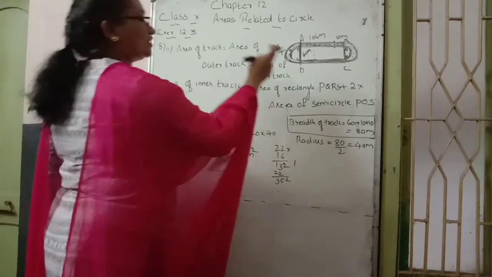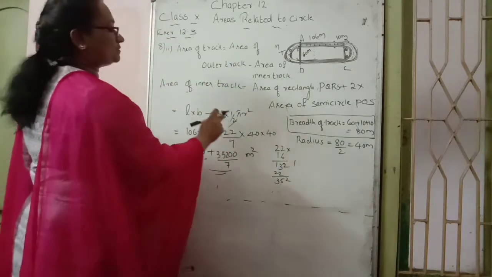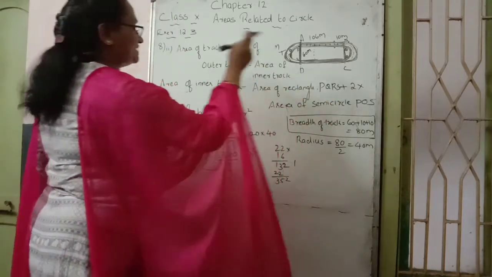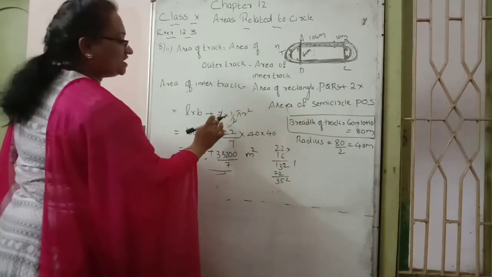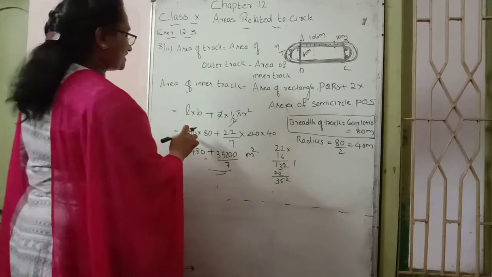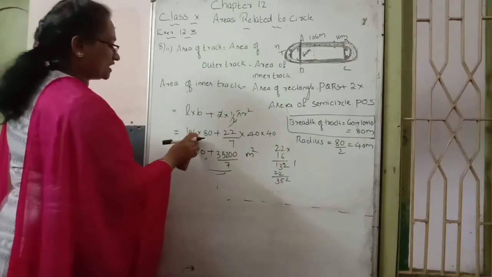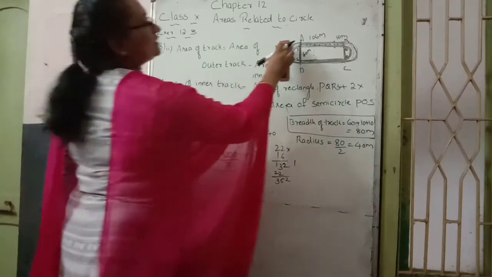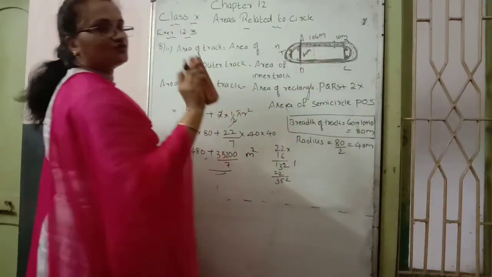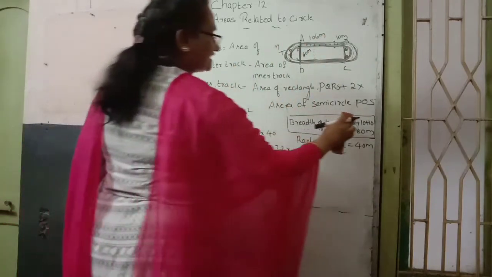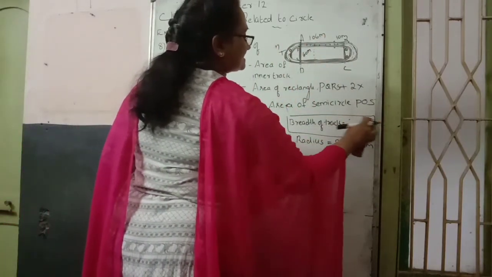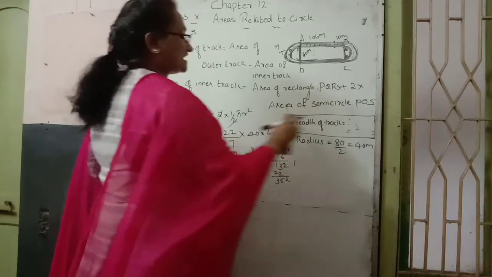Substitute values. Area of the rectangle is length into breadth, plus area of the semicircle, 2 times, so 2 into half pi r square. Length is equal to 106. The length of the inside part, the PQ distance, has no change, 106. But the breadth: how much do they represent as the breadth of the inner track?